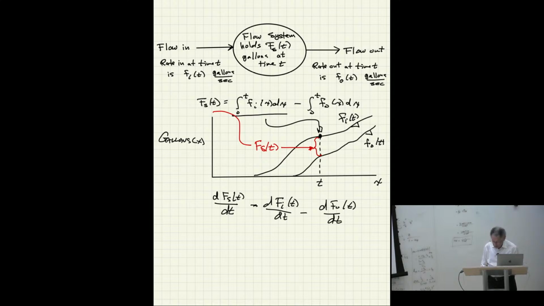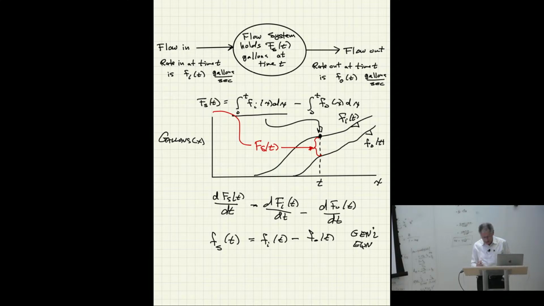In other words, using a slightly different notation now, little f sub s of t, the rate at which this flow holding in the system changes is simply the rate in minus the rate out. This is a general equation. There's a time-dependent behavior for the amount inside the system, and that's what I call f sub s of t. The number of gallons in the system is changing in time, and the rate at which it changes is this f sub s of t.